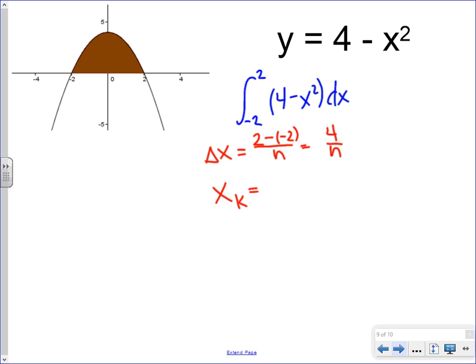Then our x sub k. You're always going to take where you start, a, and then add delta x times k. A plus delta x k.